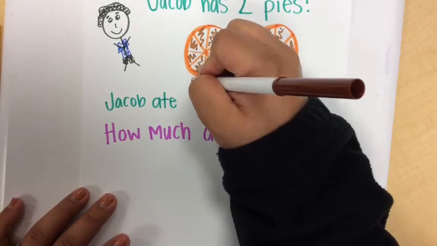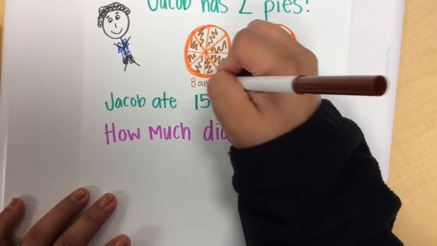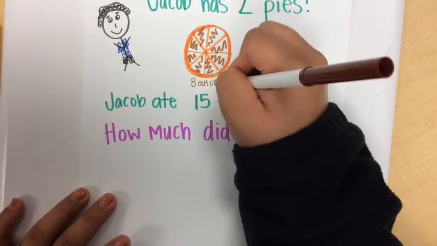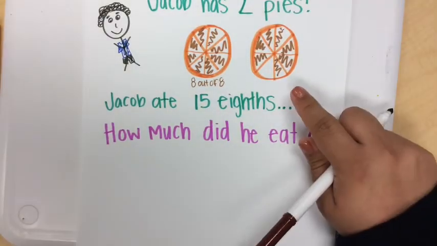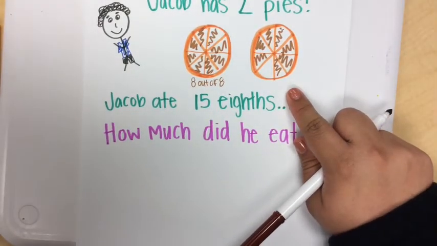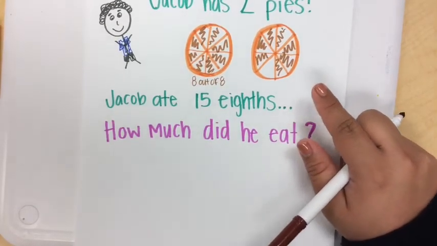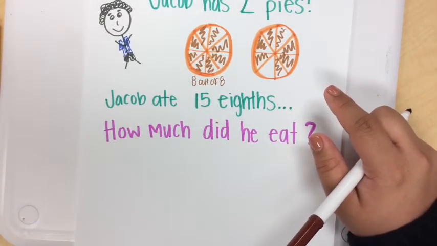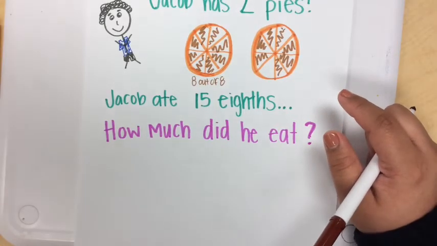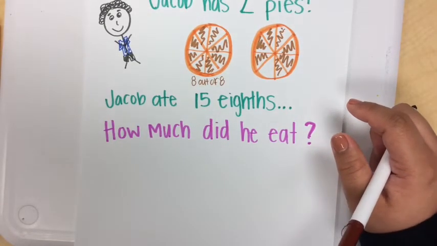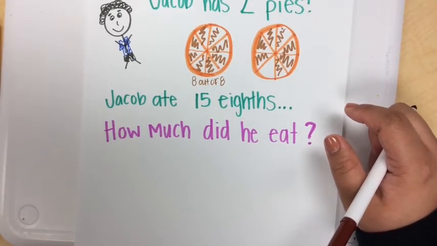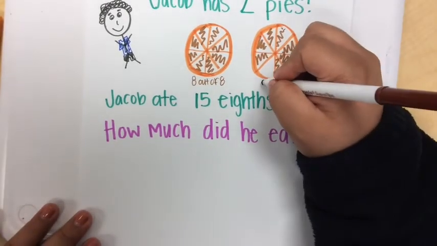So I'm going to write 8 out of 8 right here. And what about the second pie? How much was eaten out of the second pie? 7 out of 8. Perfect.